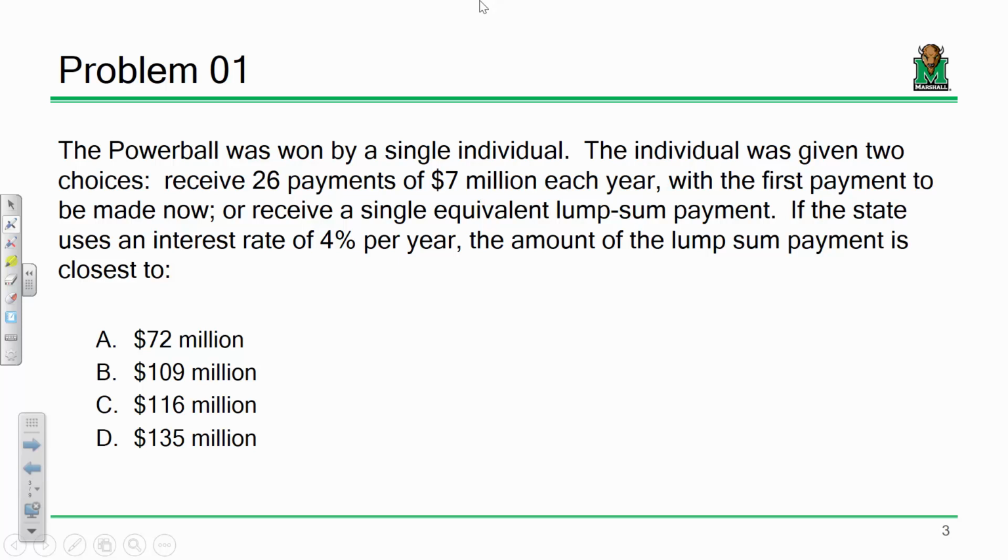So what would that lump sum payment have to be right now for that to be equivalent? This is one of those instances where a cash flow diagram comes in handy.